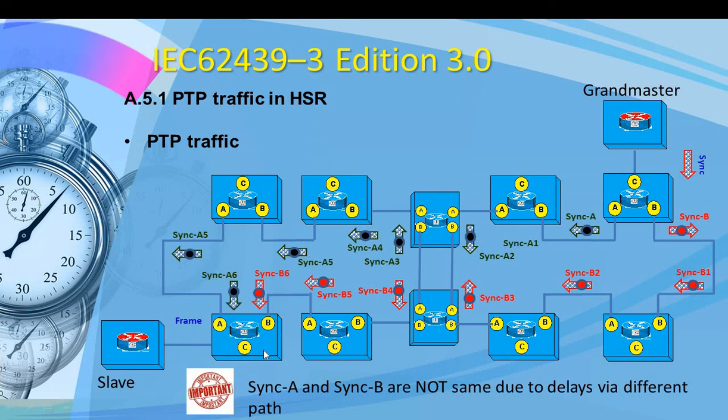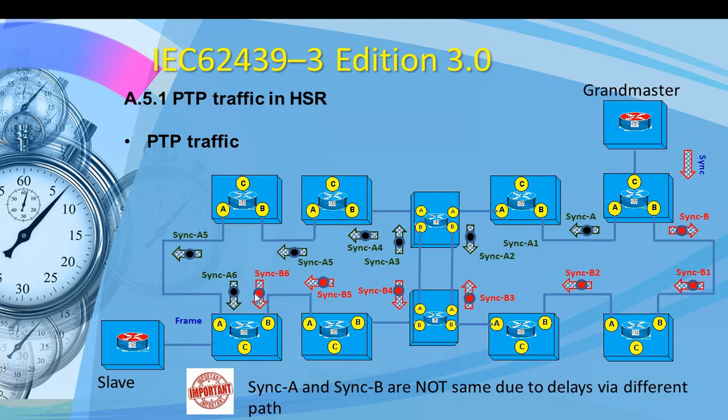The RedBox running as transparent clock or boundary clock, which connects to the slave clock, receives two different frames, two different sync messages. They are called sync message A and sync message B.